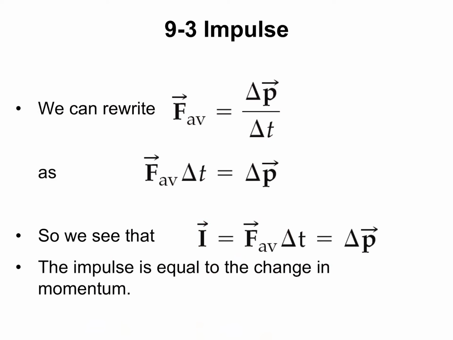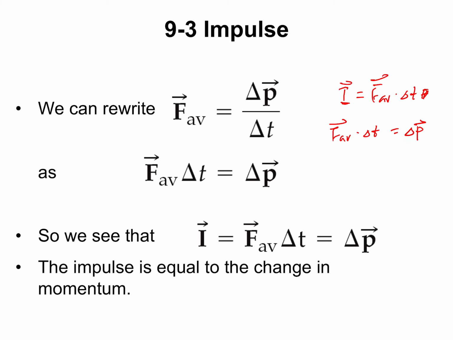And well, from that equation, from impulse, equal to average force times time, and also we know that is equal to... from average force times time, and that is changing momentum.